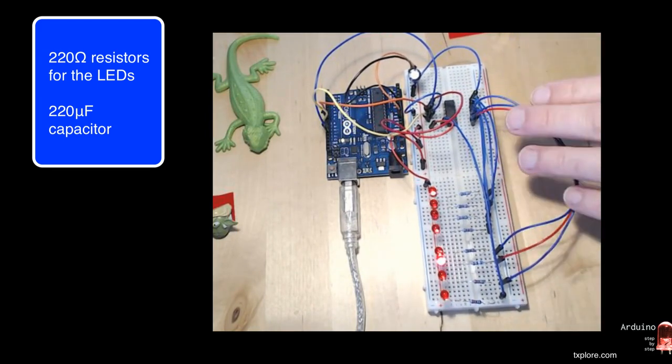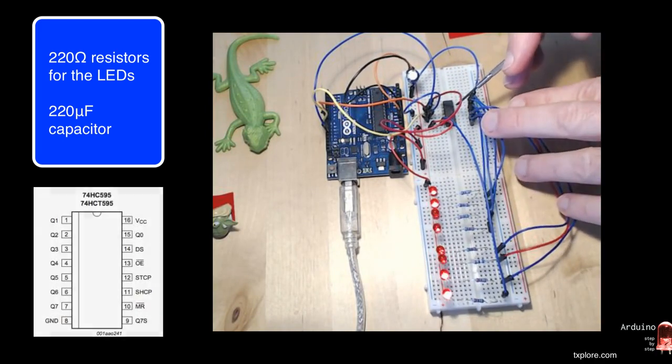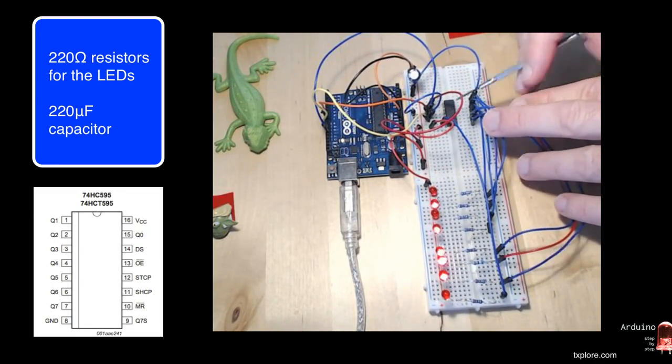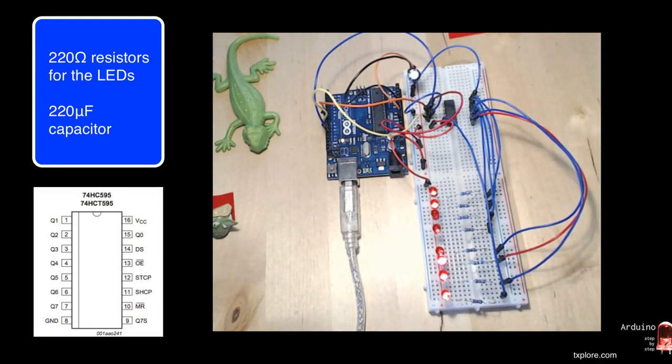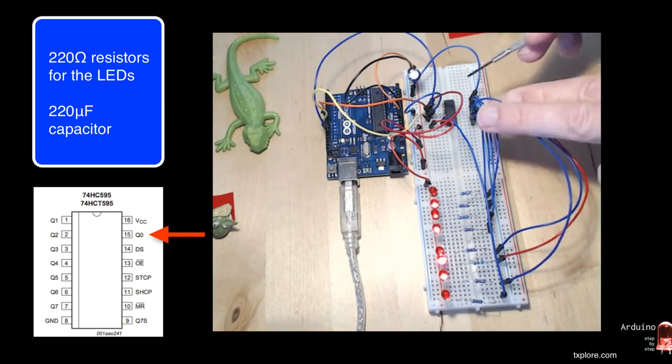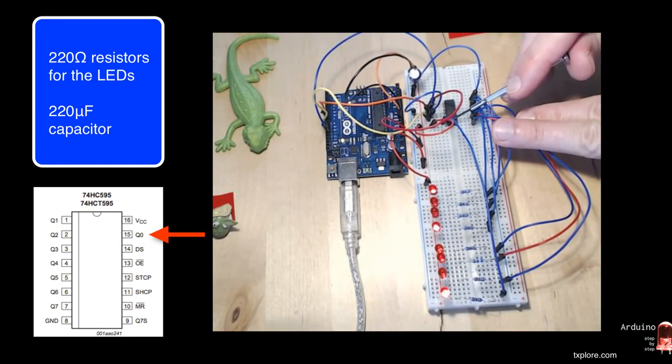So I start with the first data output, which is this pin right here. If we have a look at the data sheet for this particular chip, you see that the zeroth data pin is number 15, which is this pin here.